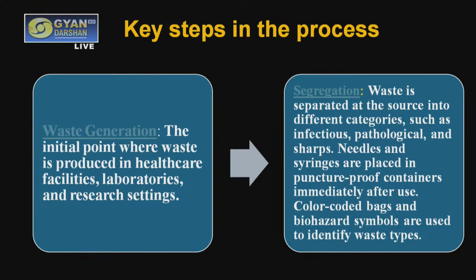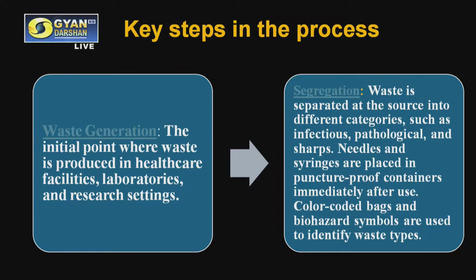Coming on to the key steps in the biomedical waste management process. The first is waste generation, which we are addressing, and this is the initial point where the waste is produced in the sector. And then the waste is collected and segregated into different categories like pathological waste, sharps, infectious waste, needles and syringes. They can be placed in puncture-proof containers immediately after use.